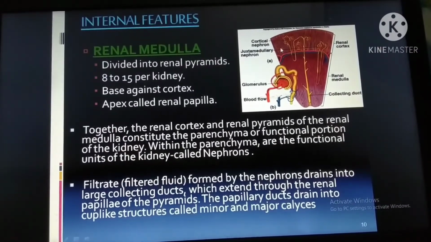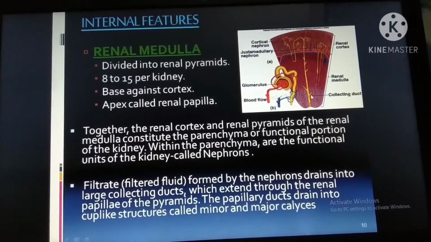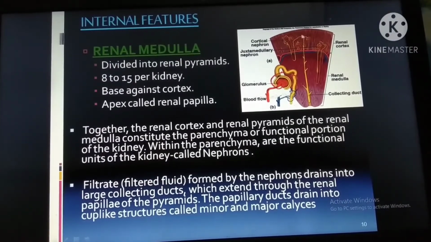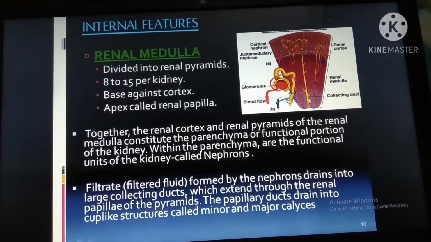Afterwards there is a cortical nephron, juxtaglomerular nephron, and a collecting duct, all situated in the renal cortex and mainly the renal medulla.